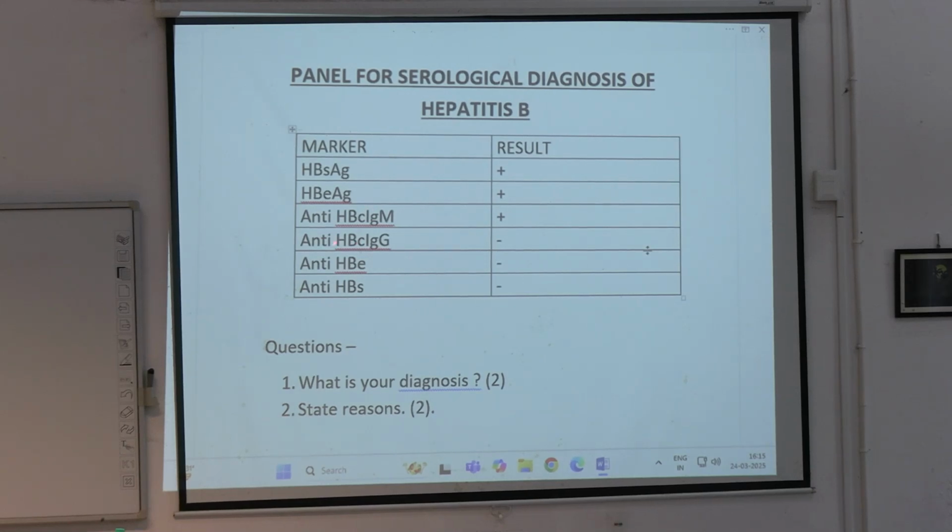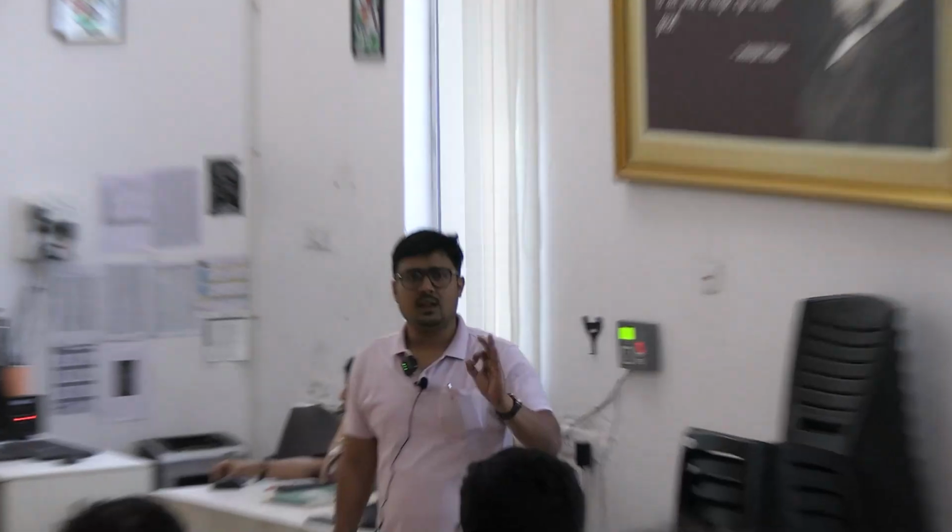IgM positive means that is the acute phase. So what is the difference between IgM and IgG antibody? IgM antibody is the first antibody to appear in serum against any virus or any antigen.